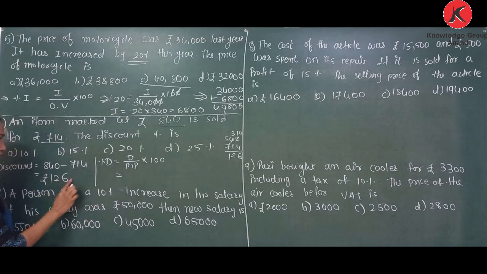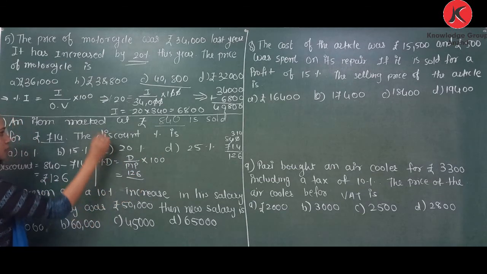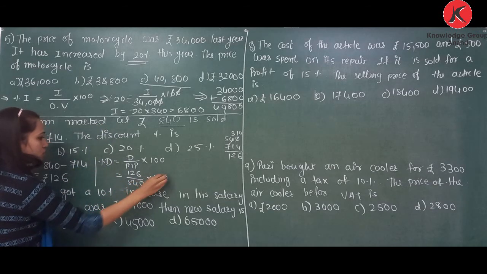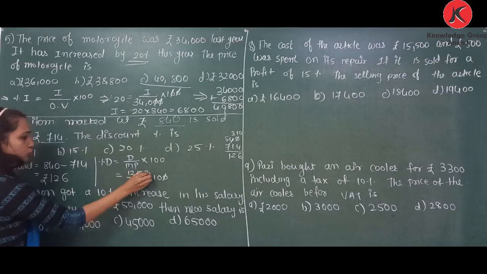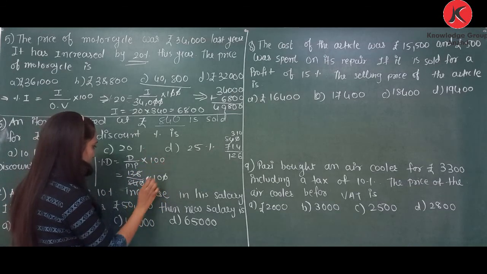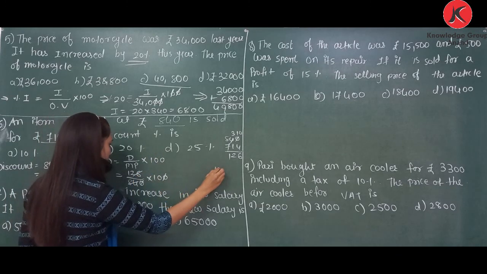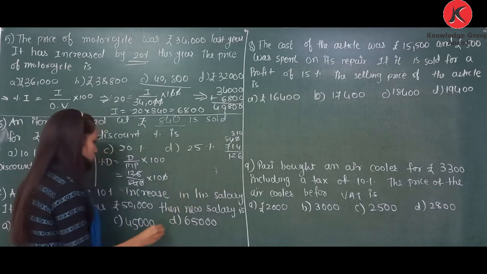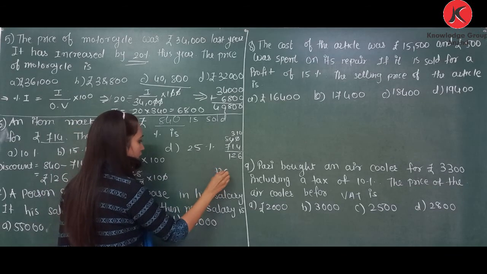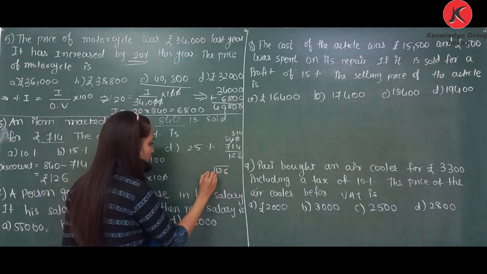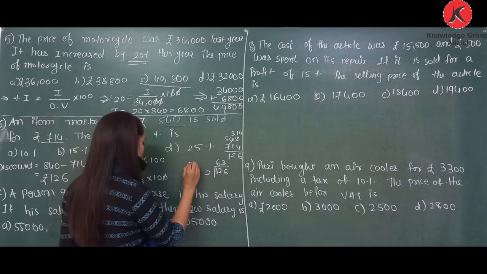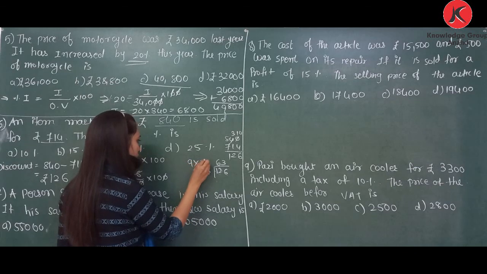So the equation is: percentage discount is equal to discount divided by marked price multiplied by 100. So discount is 126 rupees. Marked price is 840, multiplied by 100. So we can cancel this. Factorize 126 and 84.